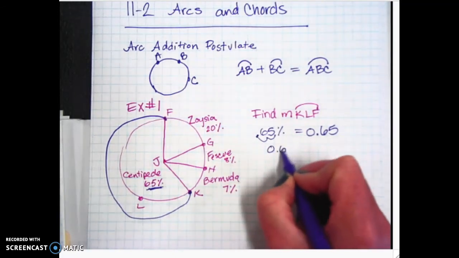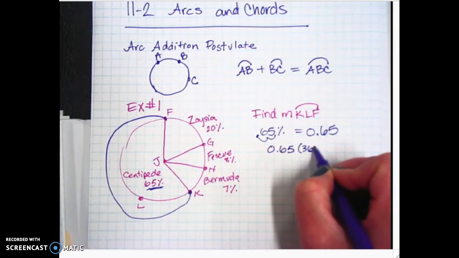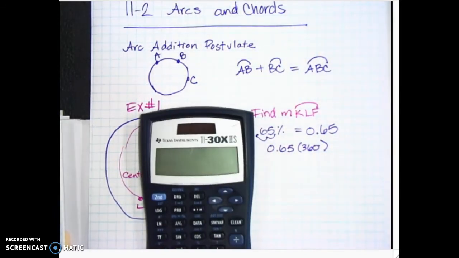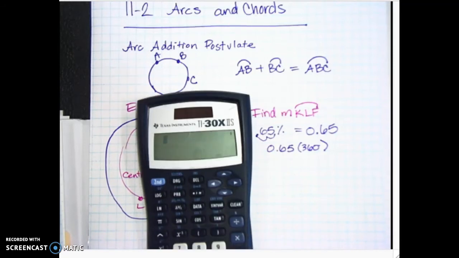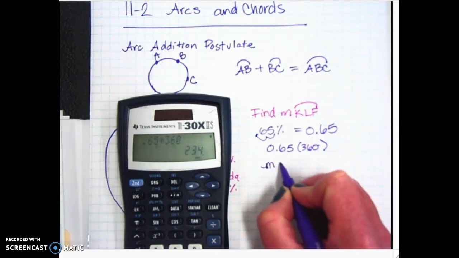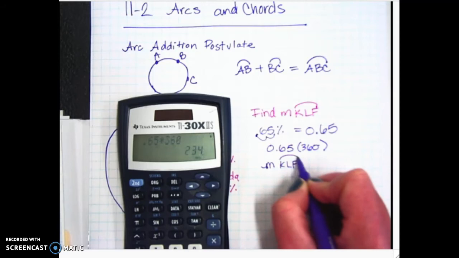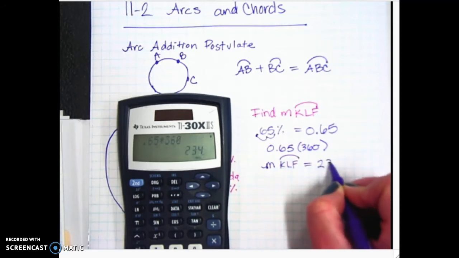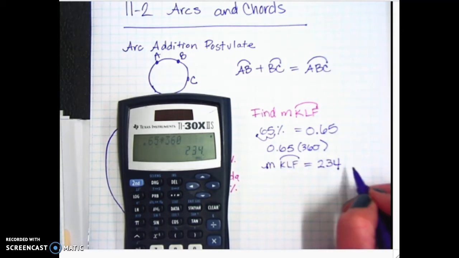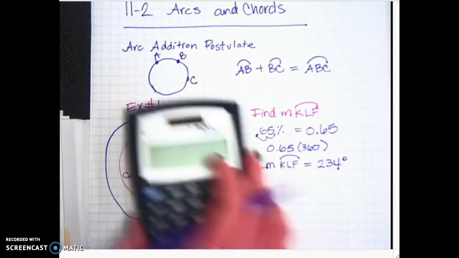So 0.65 times 360. Take your calculator and go 0.65. If you want to type the 0, you can. Times 360. And I got that the measure of arc KLF is 234 what? Degrees. Make sure you don't write percent.